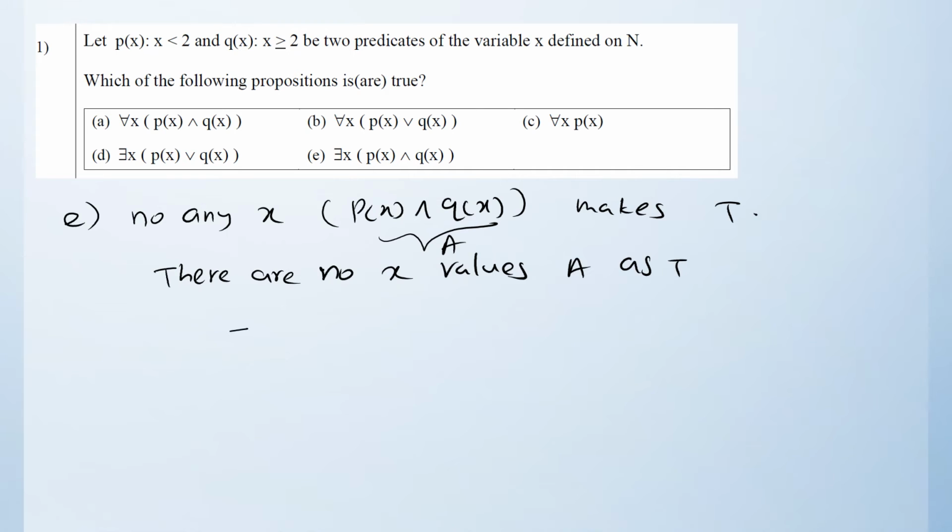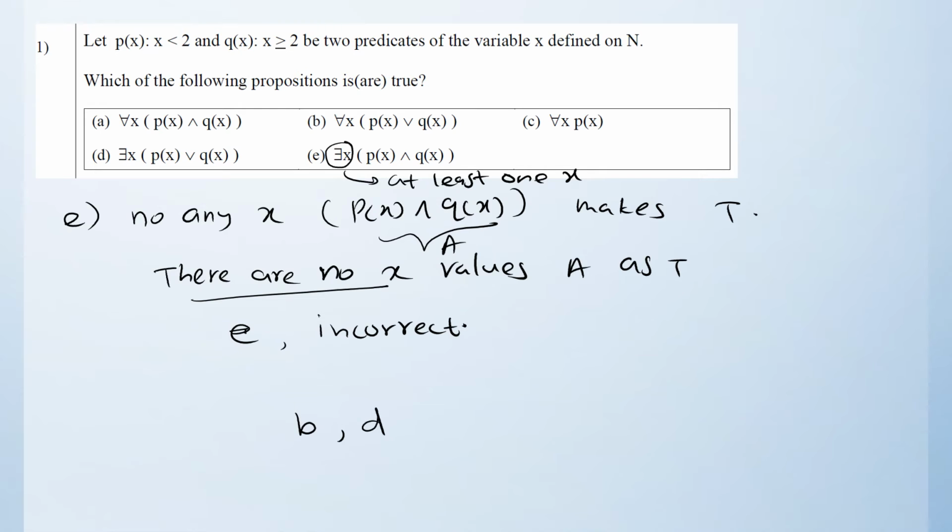So again E is incorrect. Since here we have there exists, that means we should have at least one x, and since there are none, E fails. So the final answer is B and D.